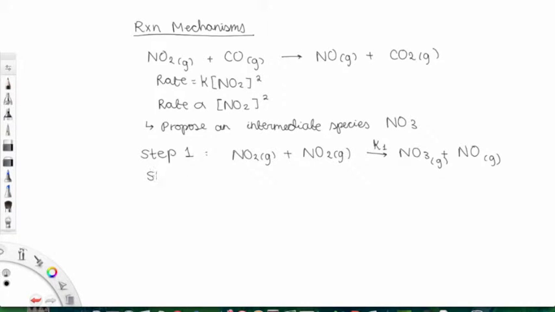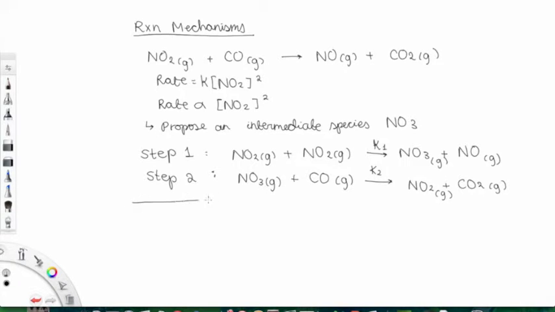And then step 2 would involve the intermediate NO3 colliding with carbon monoxide to get NO2 plus CO2.